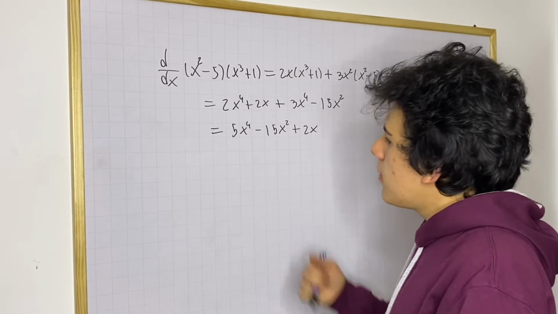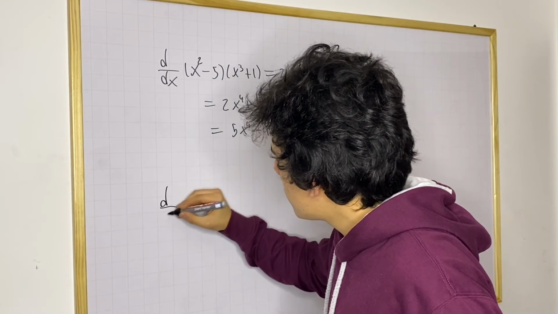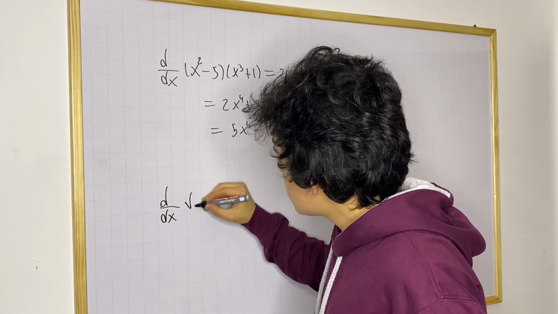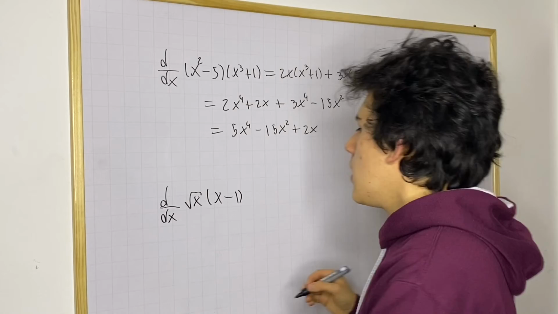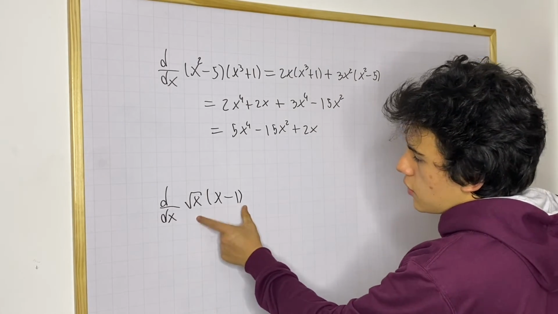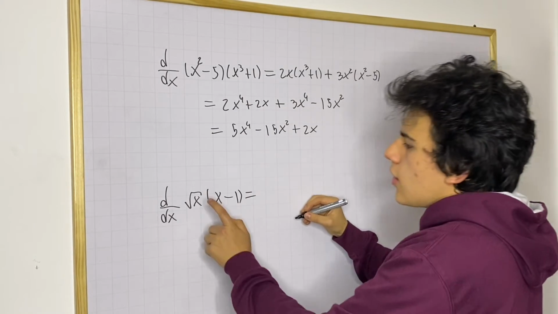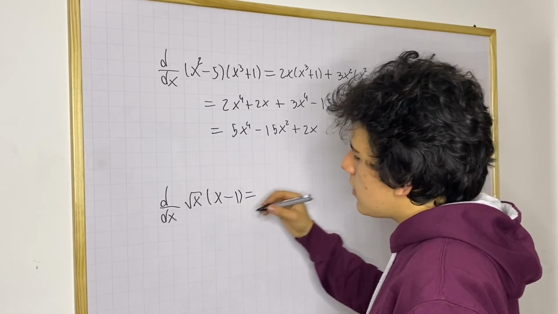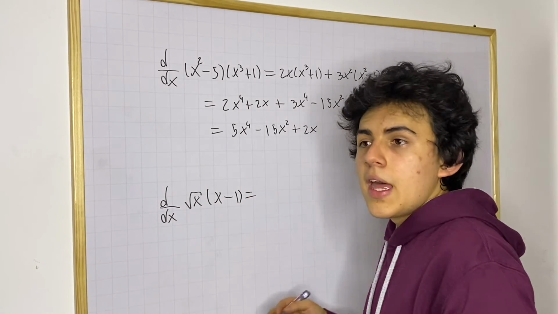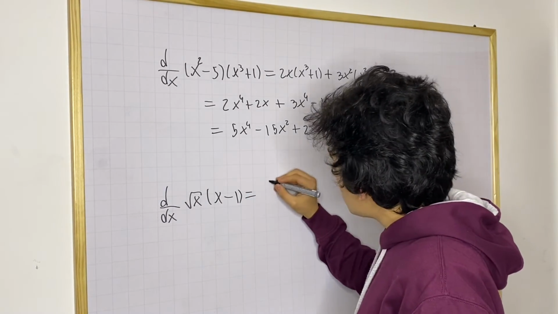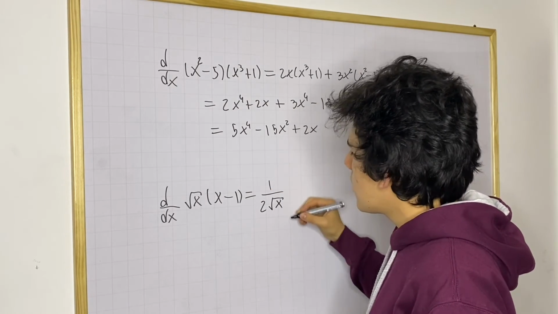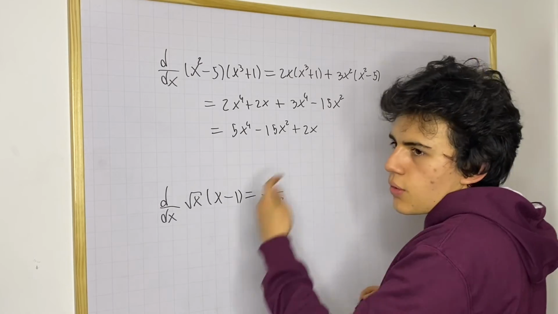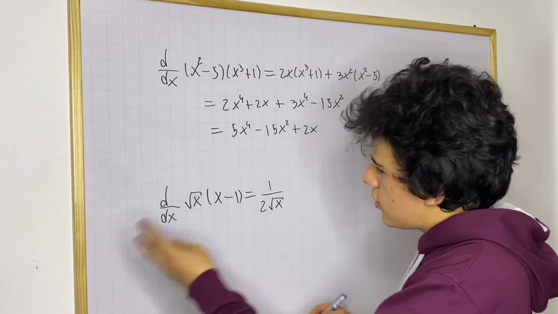Let's do another problem. What is the derivative of the function square root x times x minus 1? Once again, you could distribute, but we're going to use the product rule. So, the derivative of the first one is just the derivative of x to the 1/2, and that is simply 1 over 2 square root x. This is something you can memorize, or if you want to go through the algebra, just do it.